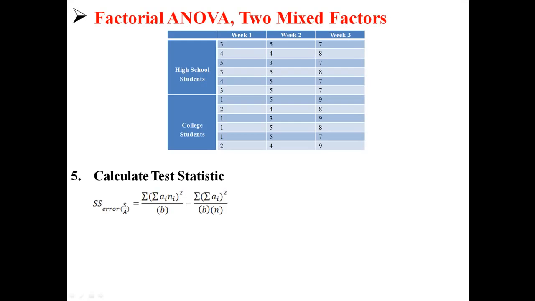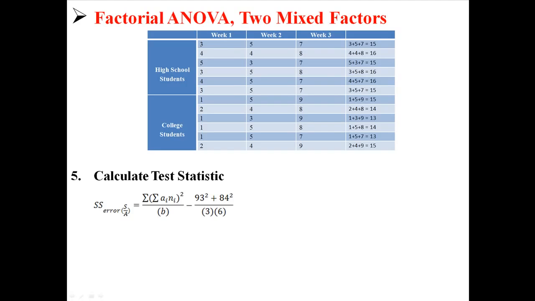So let's find sum of squares error for the independent factor, because that's the easier one to do. So we're going to use this equation right here. We already know the second part, remember, so we can put that in there. That's easy. We just need to find the first part. So we're going to find each n at each level of A. Looks kind of confusing, doesn't it? We're going to basically find each subject's sum at each level of A, like I've added to the table up here.